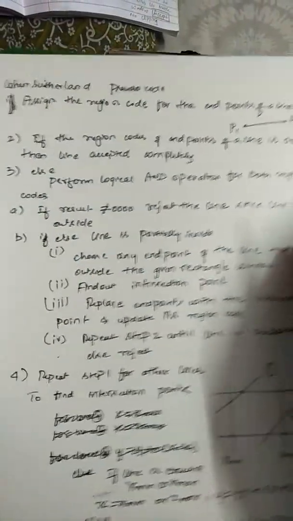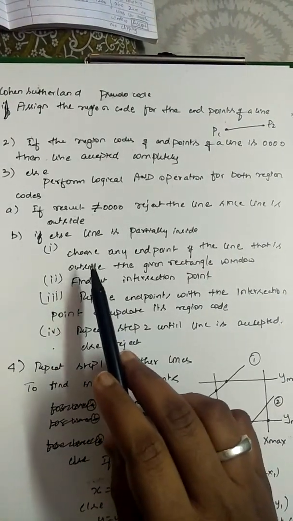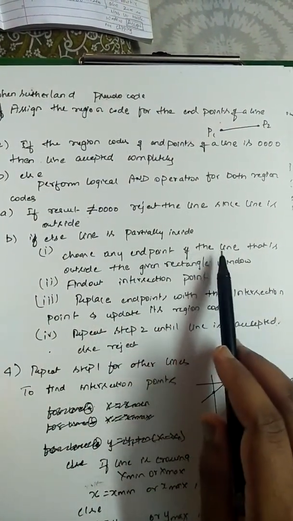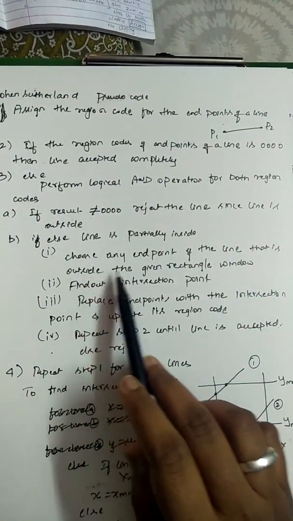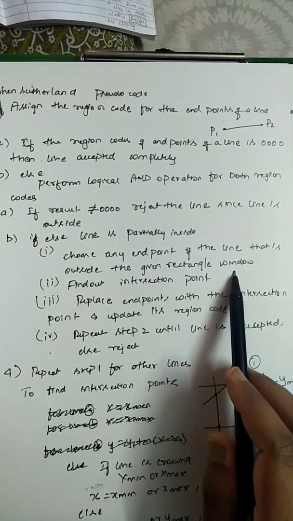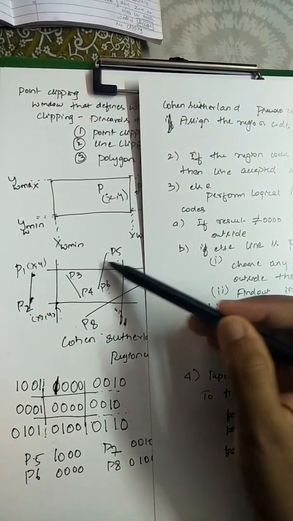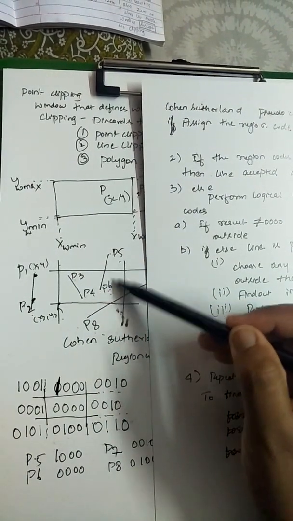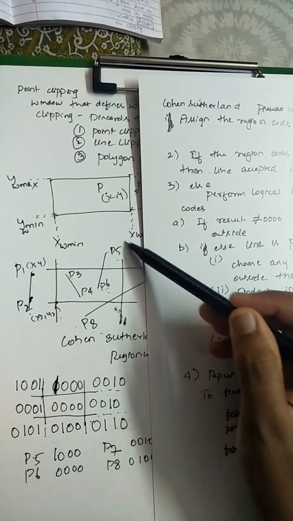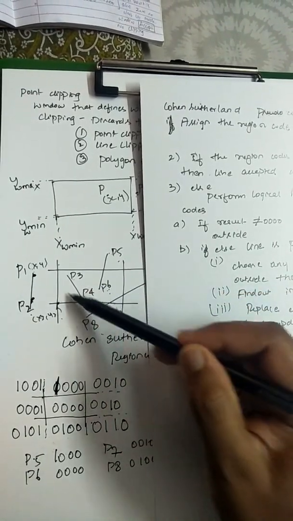So what do you have to do in that case? Choose an endpoint of the line that is outside the clipping rectangle window. For example, for this line, this point is lying inside the clipping window, so I won't consider it. I have to choose P5, which is falling outside the clipping window. Correct.